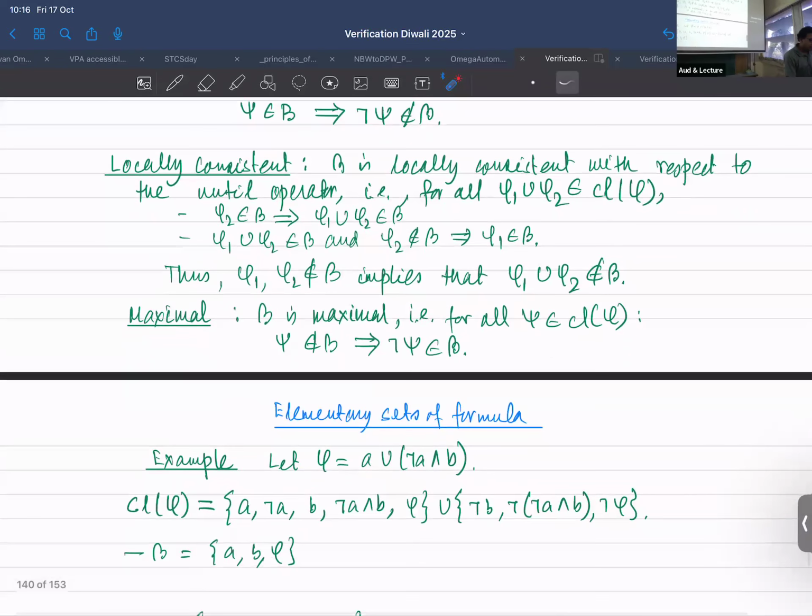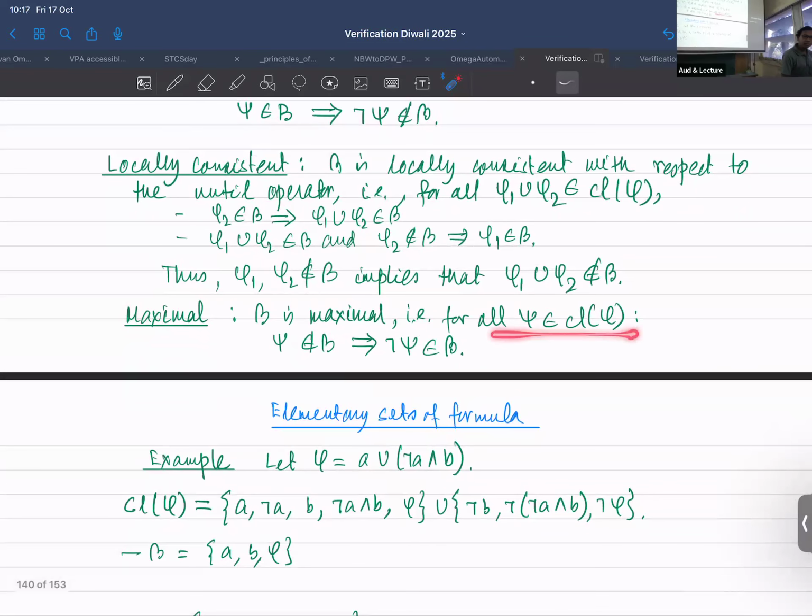And beta is maximal if for all psi belonging to the closure, if psi does not belong to beta, then negation of psi has to be in beta. And this is sufficient. This one-way implication actually means the implication on both sides, right? Because you can take this as a negation, and negation of negation psi is the same as psi. Correct?